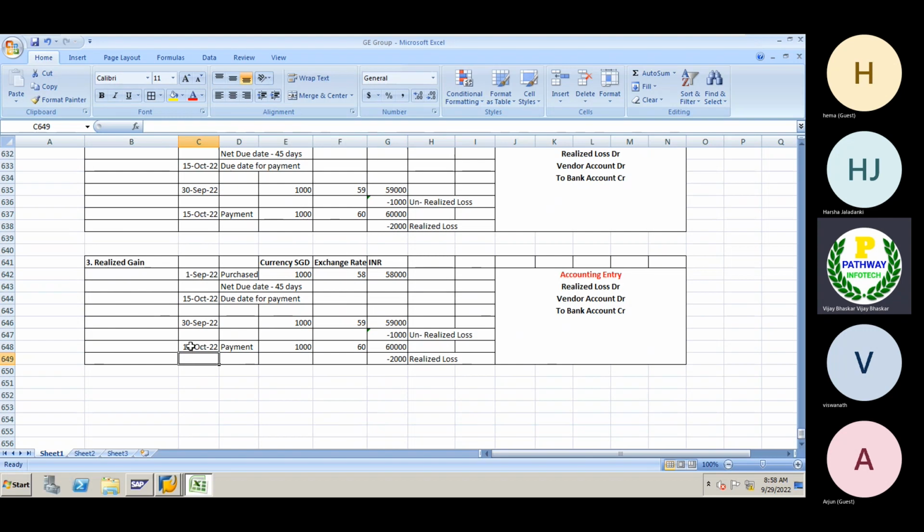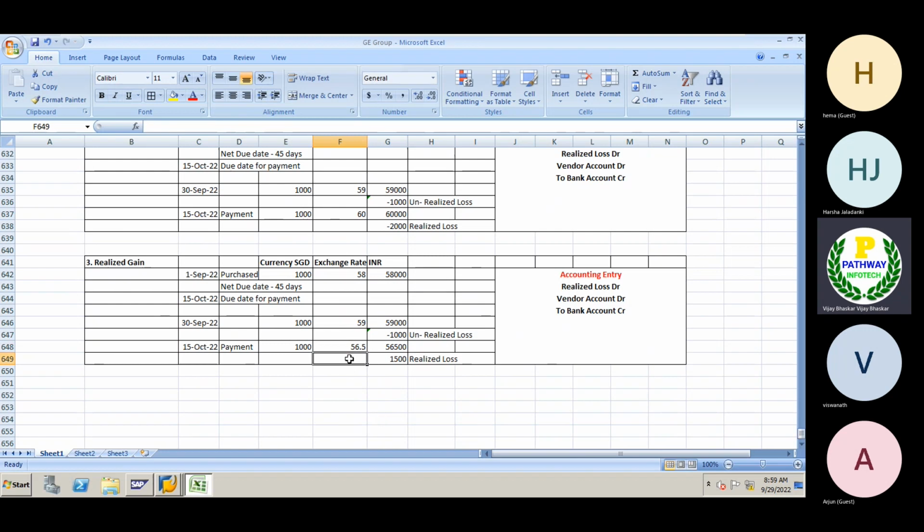When I am doing payment to the vendor, my exchange rate has gone, let us assume, to 56.5.